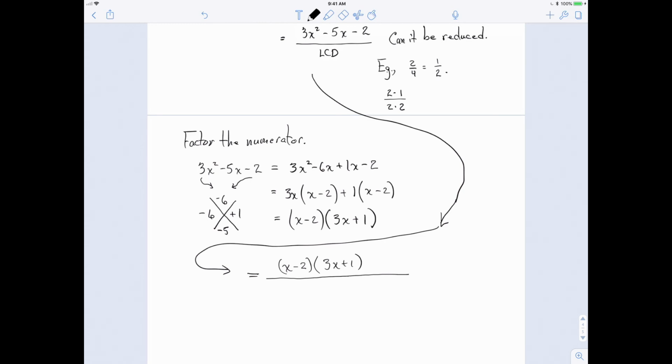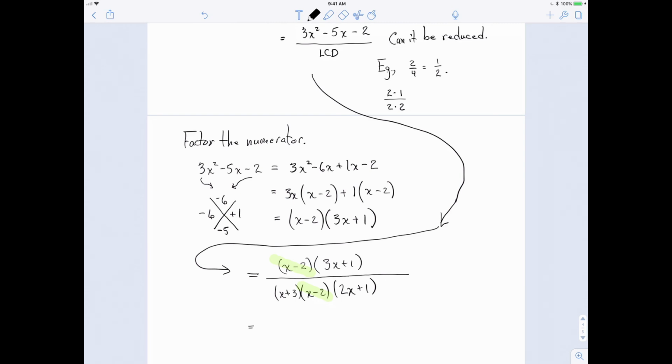And the LCD was x plus 3, x minus 2, and 2 times 2x plus 1. And if we look at this, oh, there it is. There's an x minus 2 in the numerator and in the denominator, so it was worth checking.